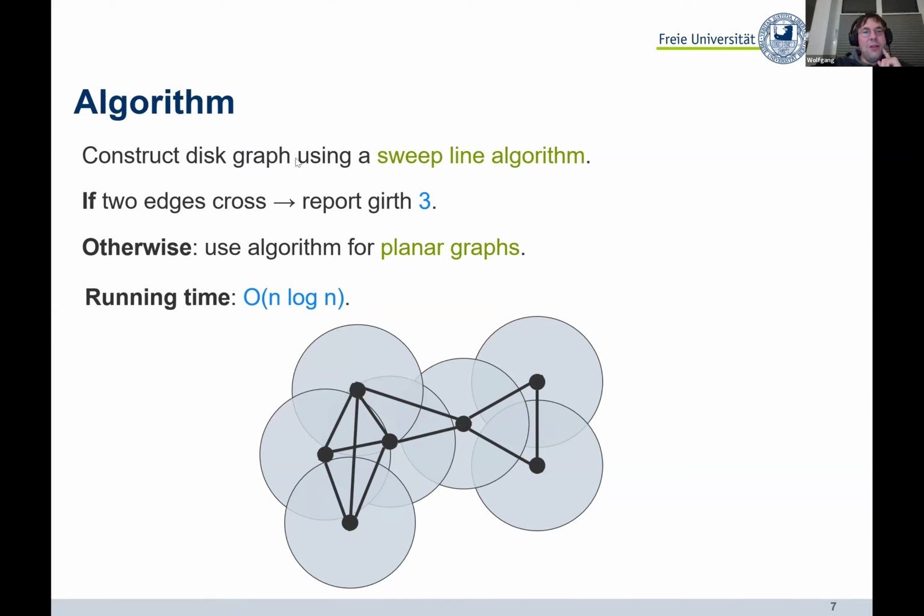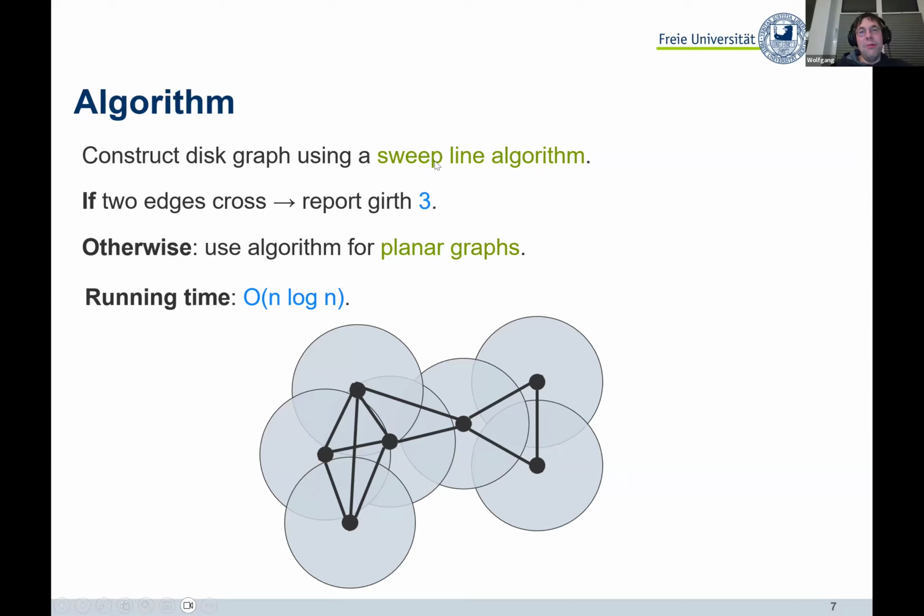And actually, during the sweep line algorithm, we can also check whether there are 2 edges that cross or not. If we have two edges that cross, then we can report that the graph has girth 3, and actually we find the triangle, we can report the triangle. If not, we know that the graph is plane, and then we can just use known results for planar graphs. And the resulting running time that we get is, well, the algorithm for planar graphs takes linear time, as I mentioned.